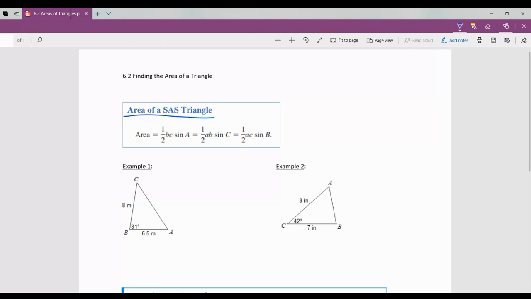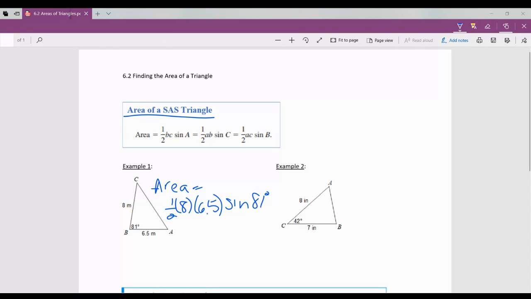So the area is going to equal 1/2 side 1 times side 2, so 8 times 6.5 times sine of the angle that's in between, so sine of 81 degrees. So we've got 1/2 times 8 times 6.5 times sine of 81.